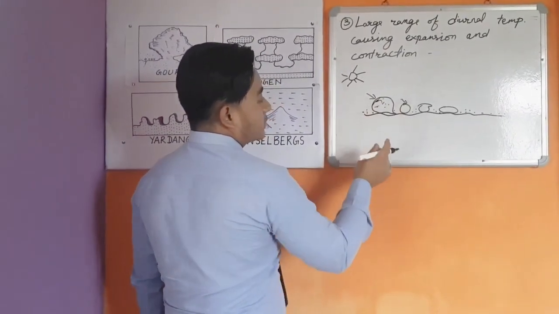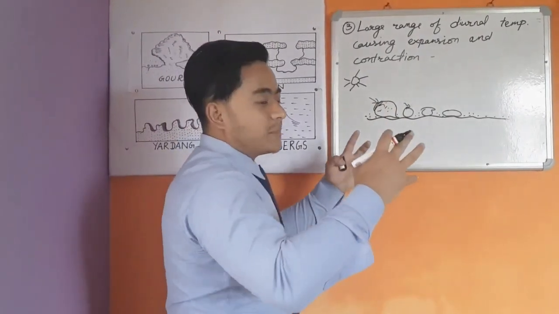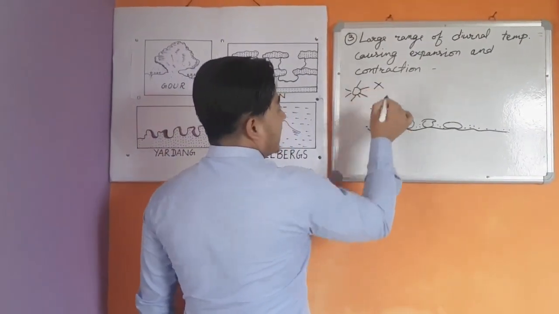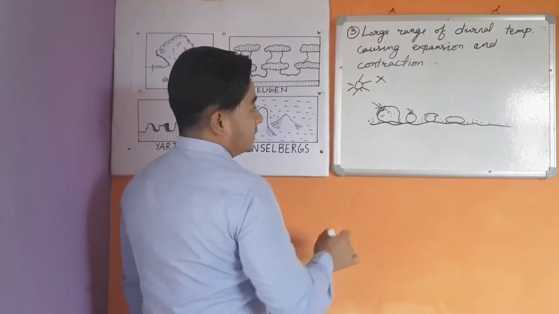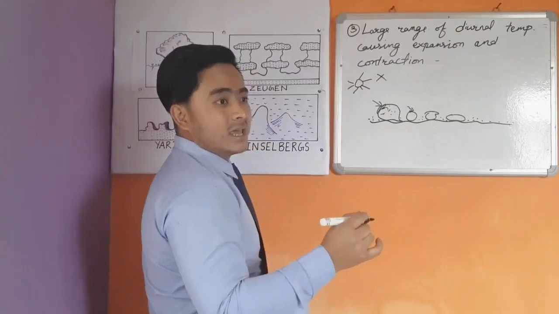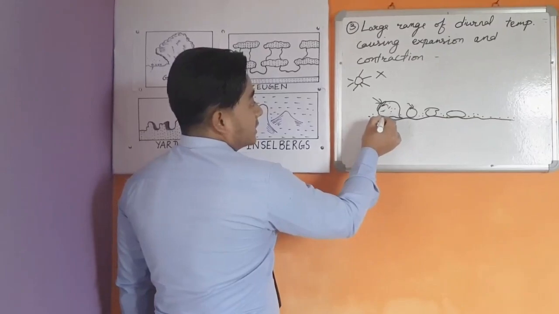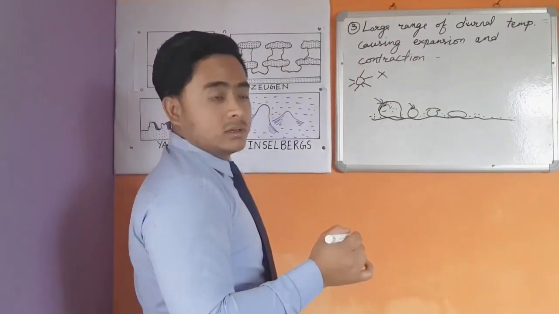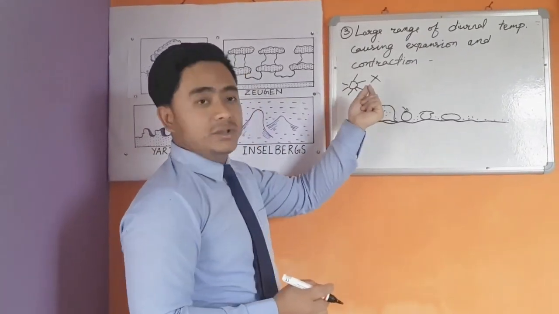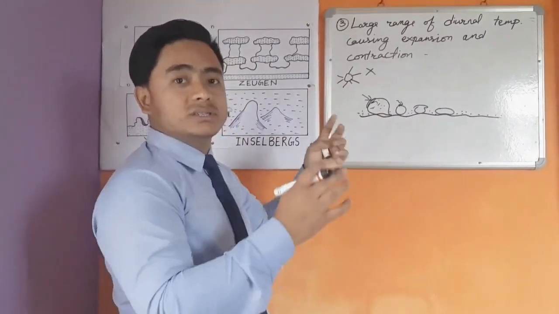When the rock heats up, it expands and increases its size. Whereas during the night, in the absence of the sun, the same rocks and the sand particles in the desert areas start cooling down. When it cools, it contracts. So during daytime the rock is expanding, and during night time the same rock is contracting.